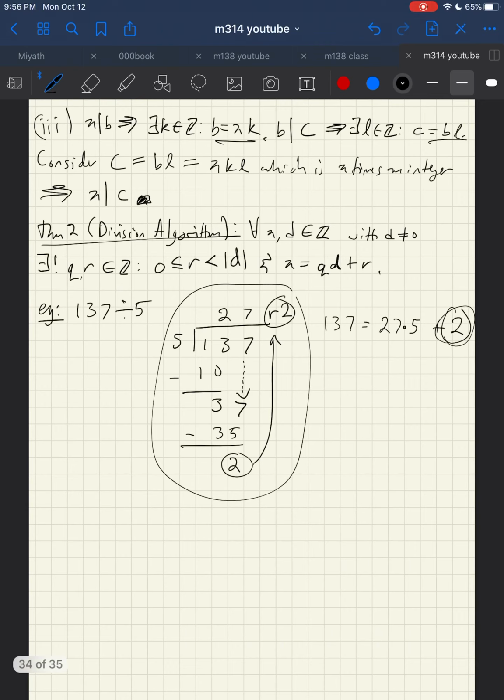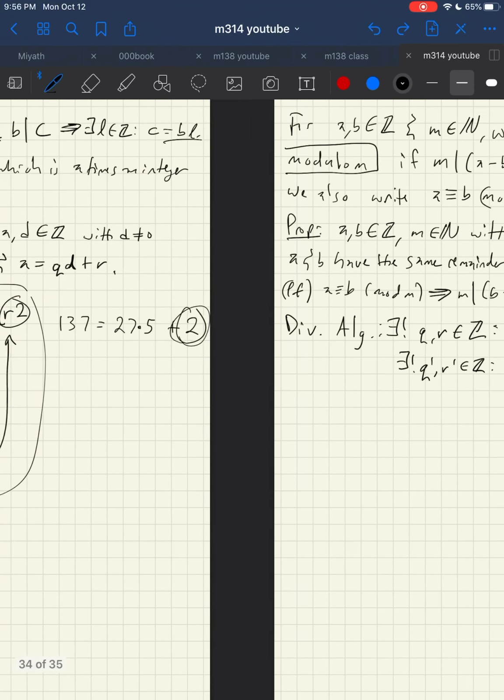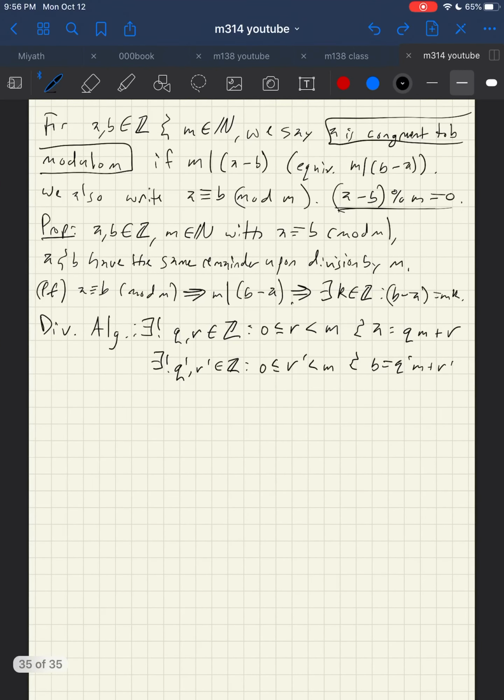If you recall, the division algorithm was that for any two integers with the second integer non-zero, there exist unique q and r, which we might call the quotient and remainder, such that 0 is less than or equal to r, which is less than the absolute value of d, and a is equal to qd plus r. Now, in this case, we don't need the absolute values around the m because we know m is a natural number.